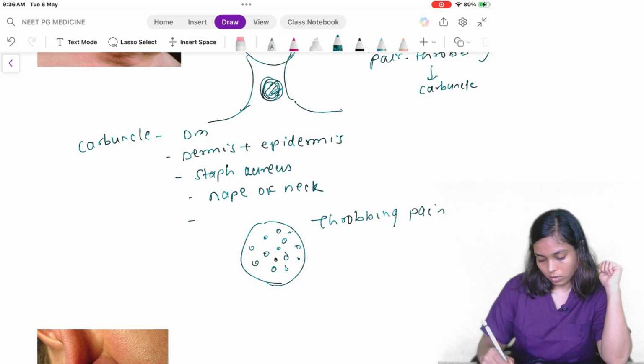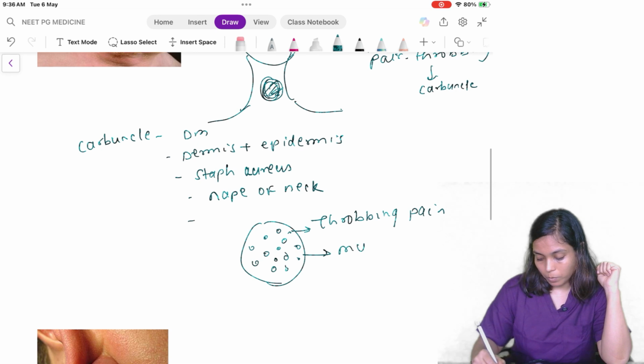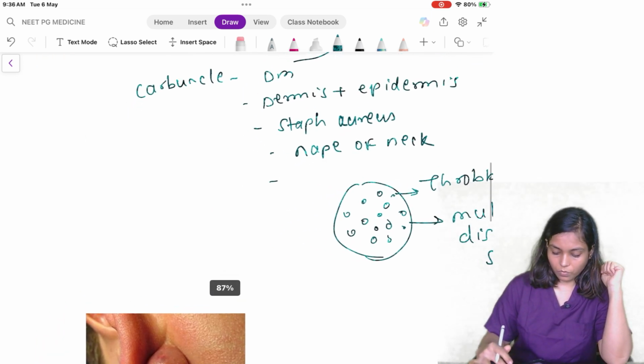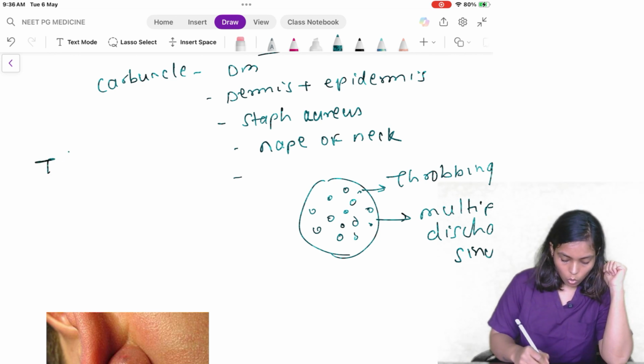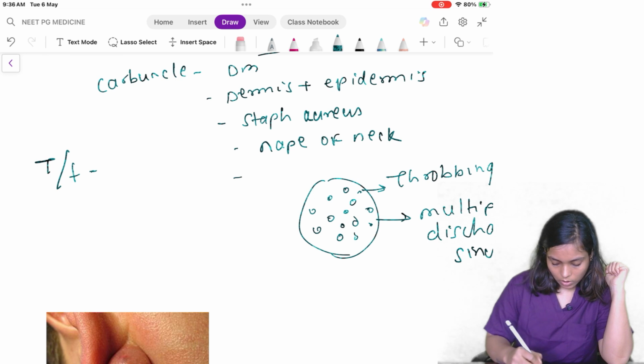And second thing, the patient will present with multiple discharging sinuses, each from a hair follicle. Okay, now how to treat it? The only gold standard management is surgery.